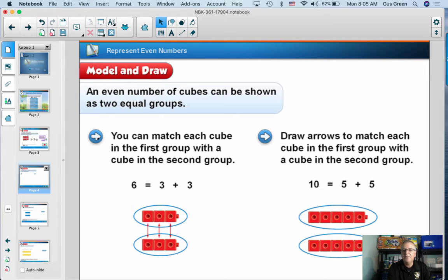And again, the pairs match up, and it would be a train of 5 and another train of 5, so 5 plus 5 equals 10. And you can see that I can make pairs, and that there's not a cube that's left over. So this is an even number, and 10 can be shown as 5 plus 5.